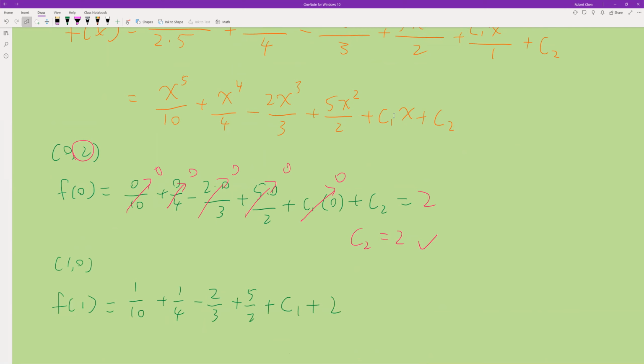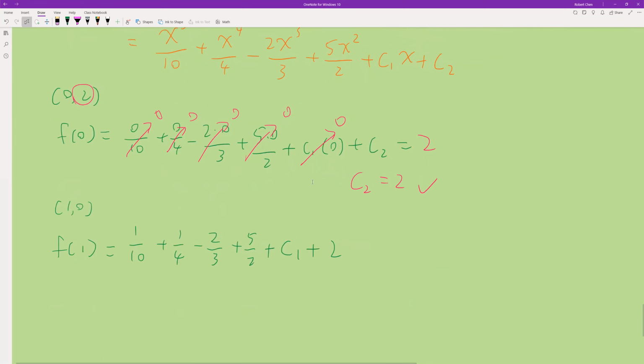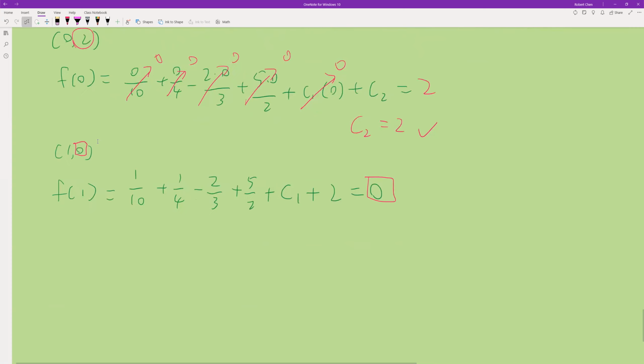Now c2 is 2. We found that in the previous step already, and that's equal to 0, right? Because it tells us that when x is equal to 1, y is equal to 0, right? And let's see what we have. Oh, we have a bunch of fractions. Let's find a common denominator.